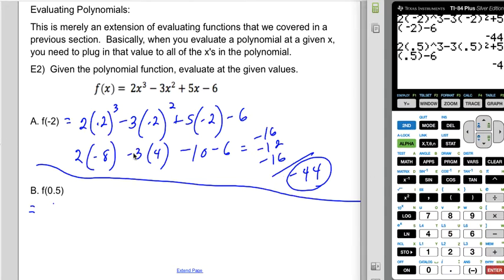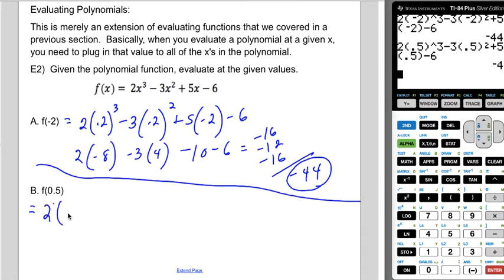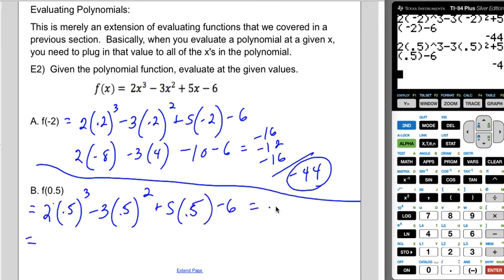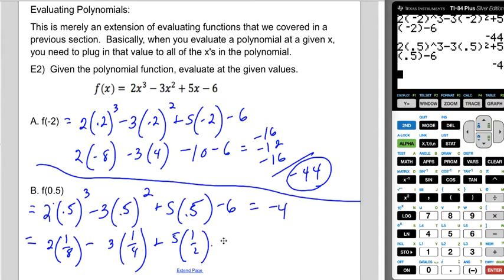Right, so if I plug this in, if I do 2 times this 0.5 cubed minus a 3 times a 0.5 squared plus a 5 times a 0.5 minus a 6, right? We can see from the calculator that I get a negative 4, right? If you wanted to do this by hand, this is a 1/2, right? So you'd get 2 times 1/8 minus a 3 times a 1/4 plus a 5 times a 1/2 minus a 6, right?